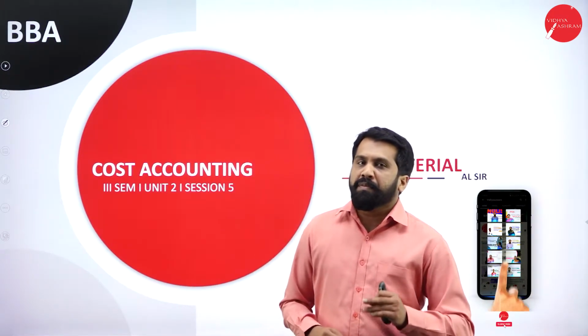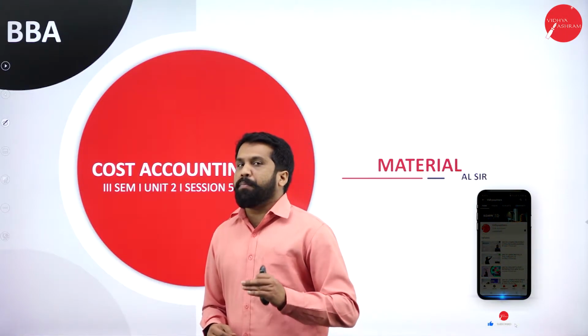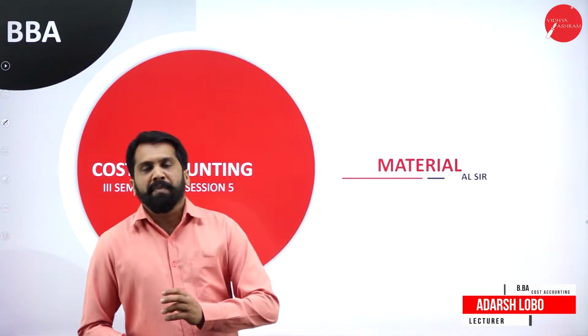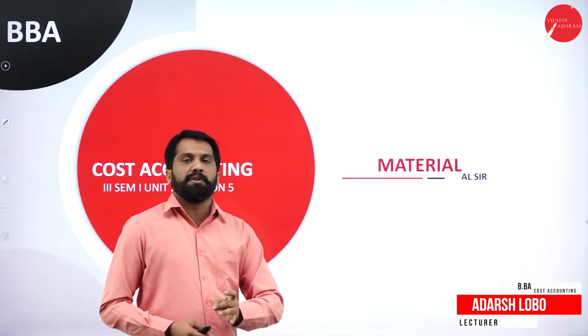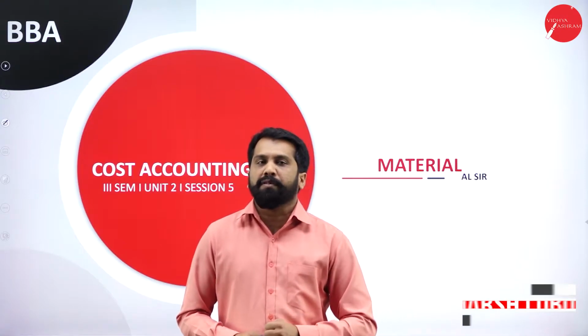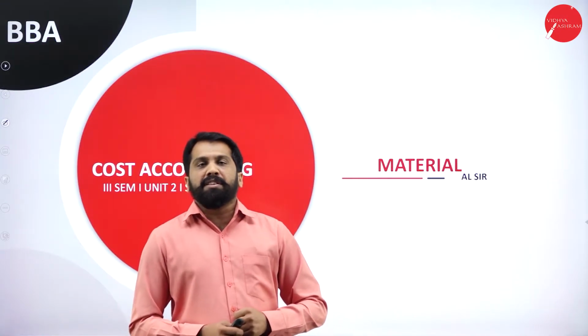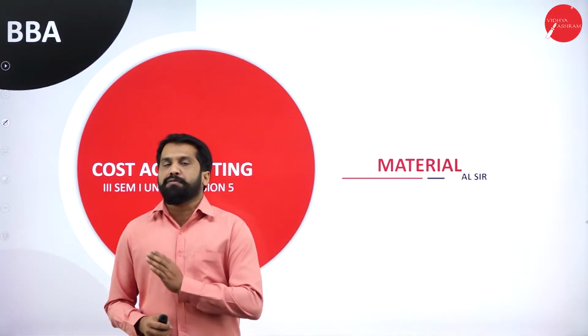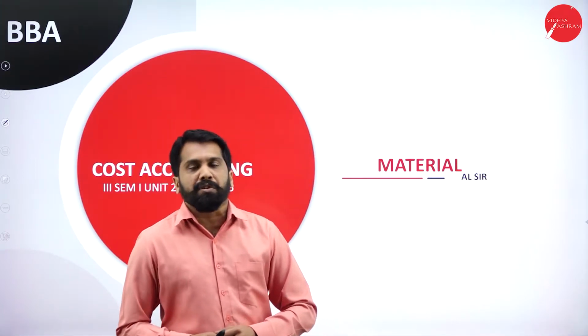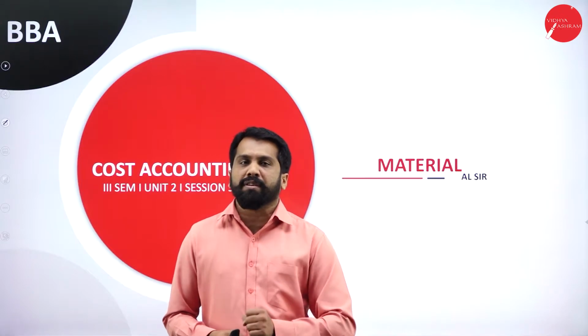As I told you, in the material topic, you have many subtopics like stock levels, ABC analysis, EOQ as well as LIFO and FIFO. We are done with stock levels, almost 3 to 4 problems we worked out, and we are done with EOQ, economic order quantity.